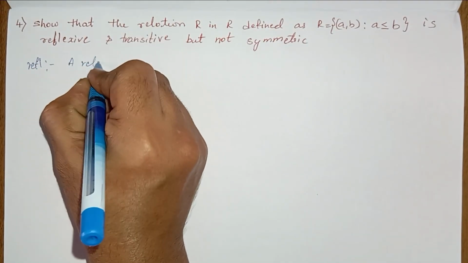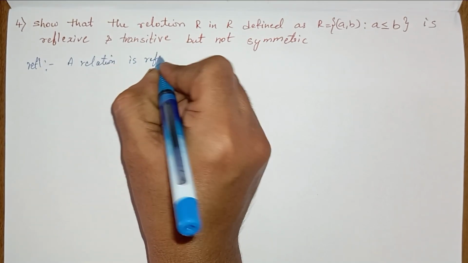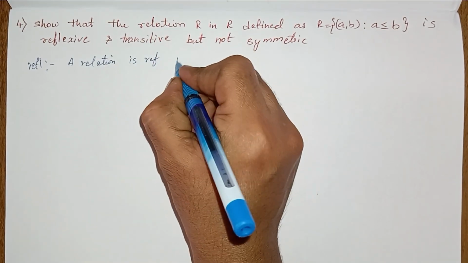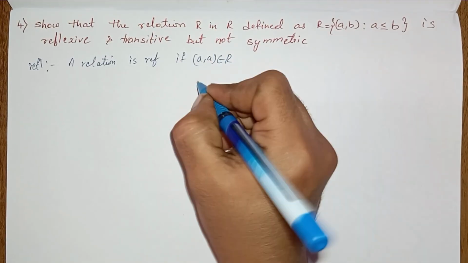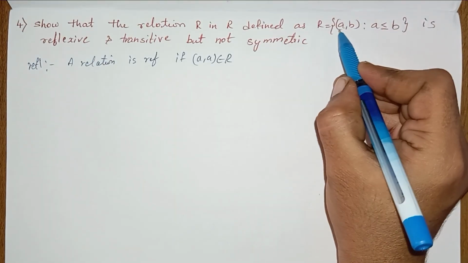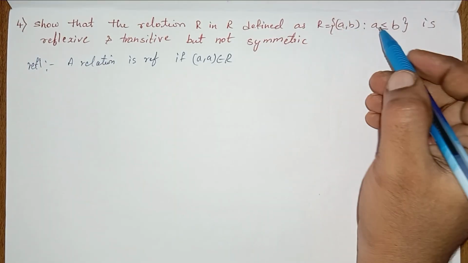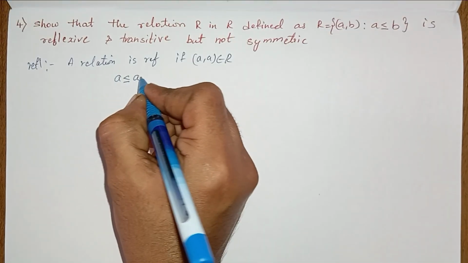So a relation is reflexive if a comma a belongs to R. So here I am taking a comma b, instead of b I have to take a. So that is a is less than or equal to a.